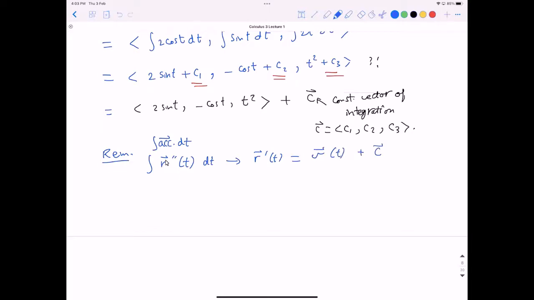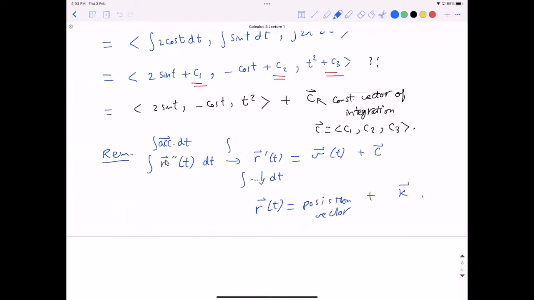Then again, this is the integration. Another integration will give you the position vector. R of t is the position vector. Integrate again with respect to t to get the position vector, plus a new constant vector.